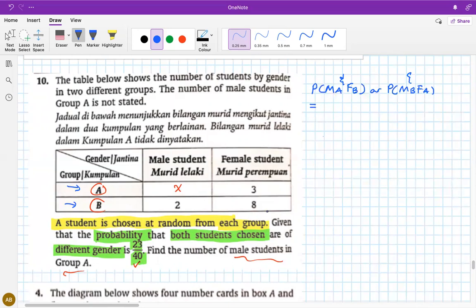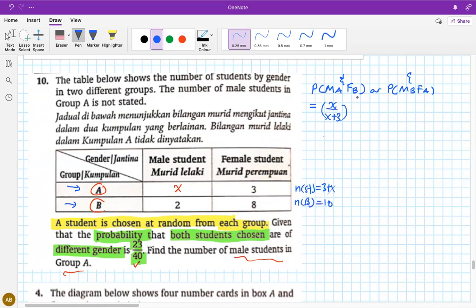So what is the probability of getting a male from group A? Therefore it is x over x plus 3. Okay, so here the number of students in A is 3 plus x, and the number in B is very clear, it is 10.